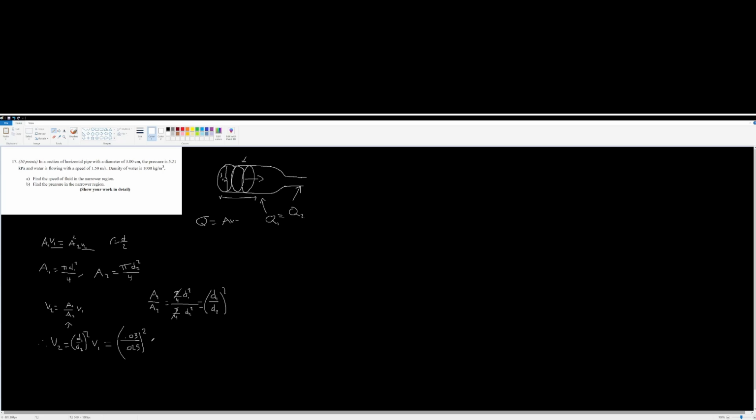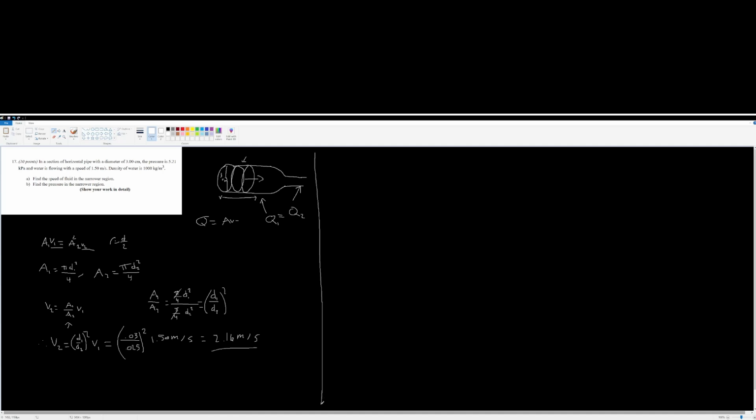And this is all going to be times V1, which is 1.5 meters per second. And when you calculate this whole thing out, I get 2.16 meters per second, which looks like that's what your professor got as well.